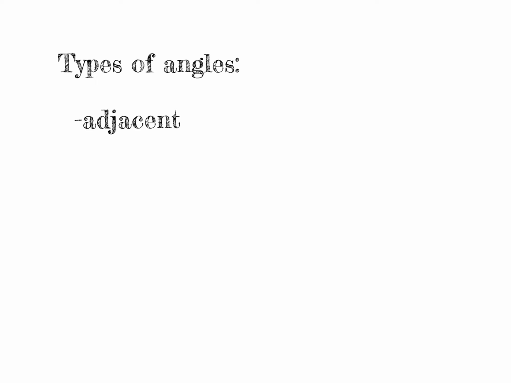Now, adjacent is a word that we use in everyday language, and typically we tend to describe adjacent as meaning something that is side by side or next to each other. But more specifically than that, generally speaking, adjacent items or adjacent figures, they tend to have something in common. They tend to share some part of themselves.